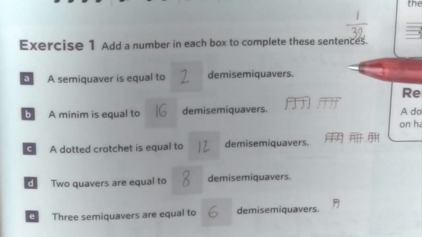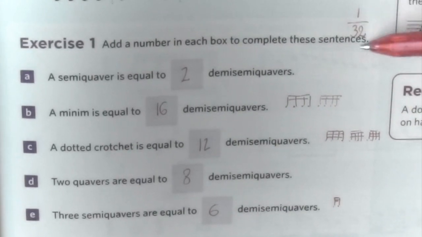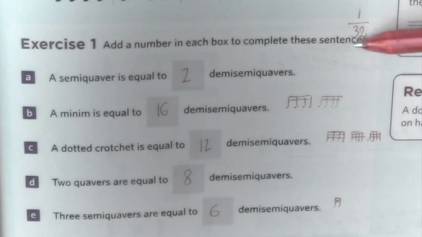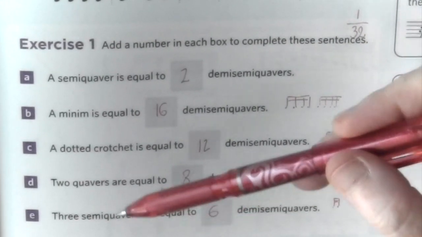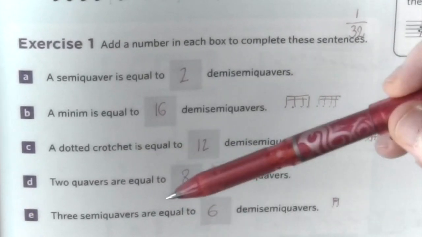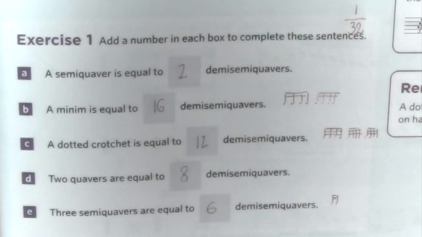To sum up what I said, you can either use a mathematical system, so you go from 1 semibreve equals 32 demisemiquavers, and then you go from there. So the minim is half, the crotchet is a quarter, and so forth. Or you go step by step.